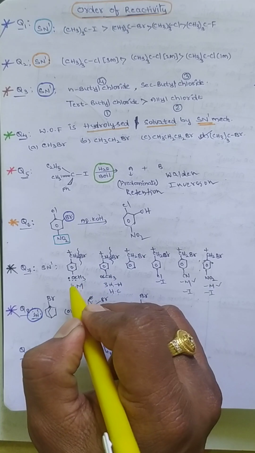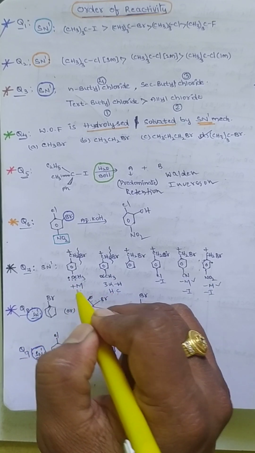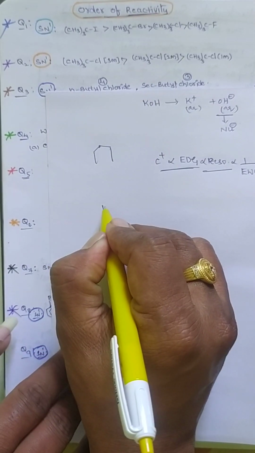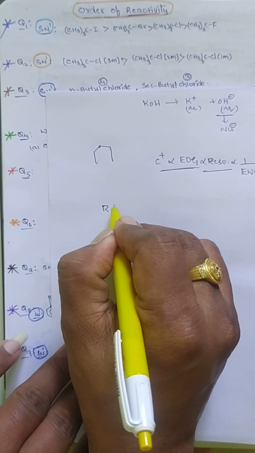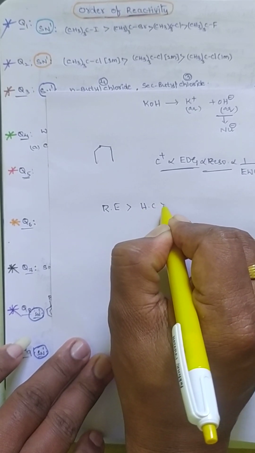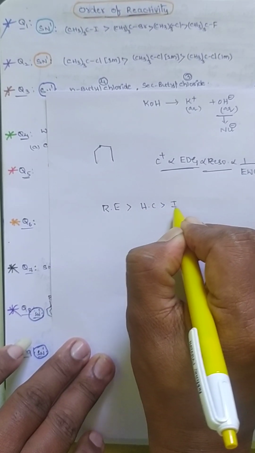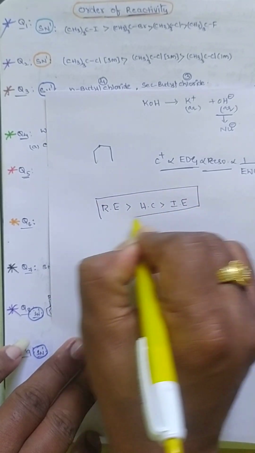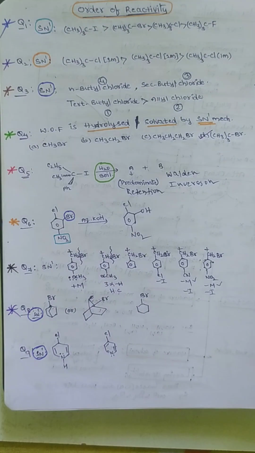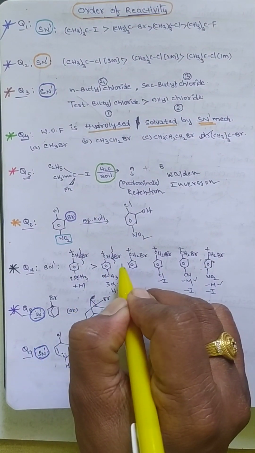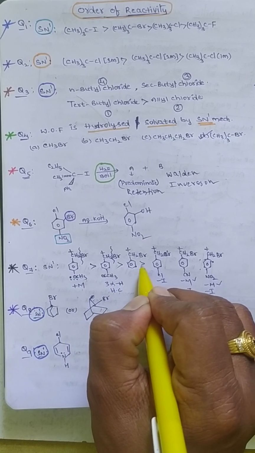So between hyperconjugation and the mesomeric effect, the mesomeric effect is dominating. Always, the resonance or mesomeric effect dominates over hyperconjugation, and hyperconjugation dominates over the inductive effect.